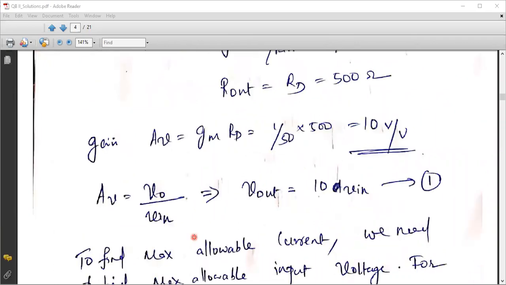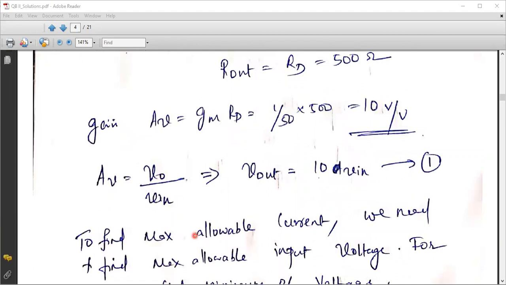Okay. Now, next our question is to find the maximum allowable current. We are going to find the maximum permissible current through this particular transistor.